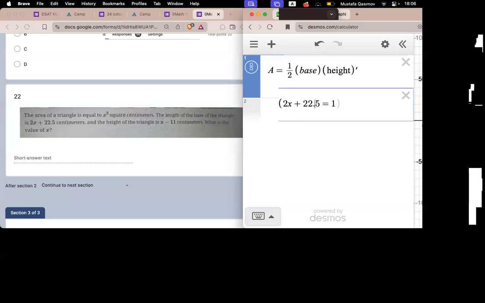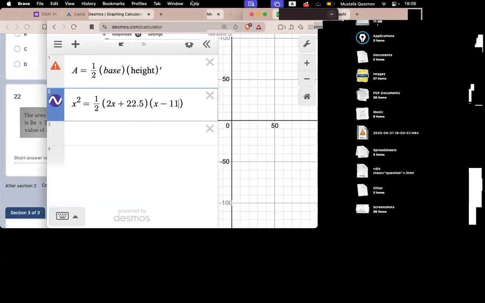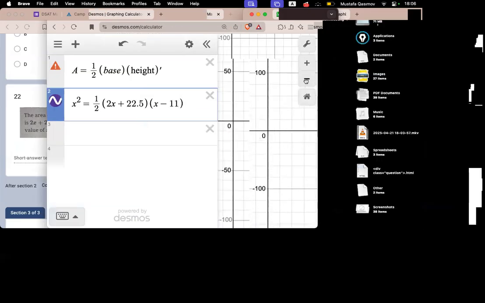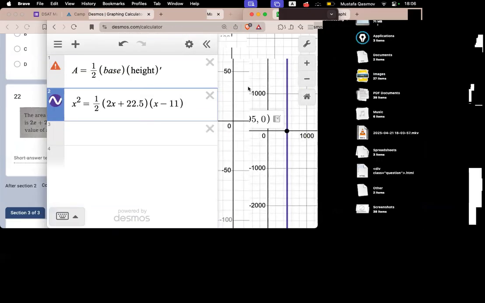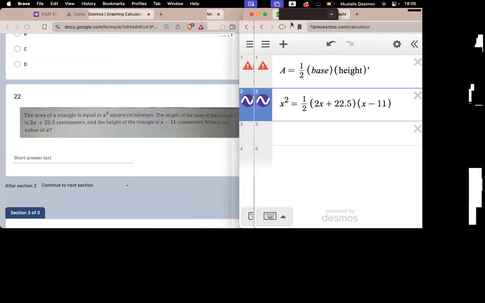Okay, it is not area. Area is equal to x squared, and x squared is equal to that one multiplied by 2x plus 22.5 multiplied by x minus 11. Then you have to just find the value of x, and it is 495.